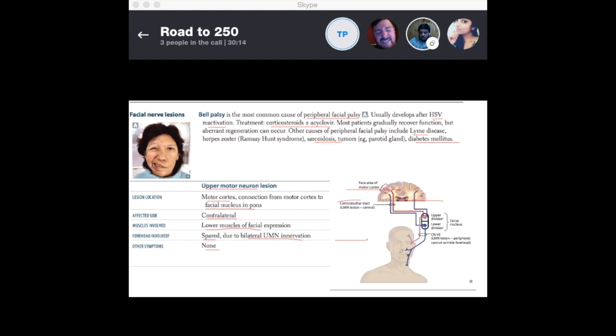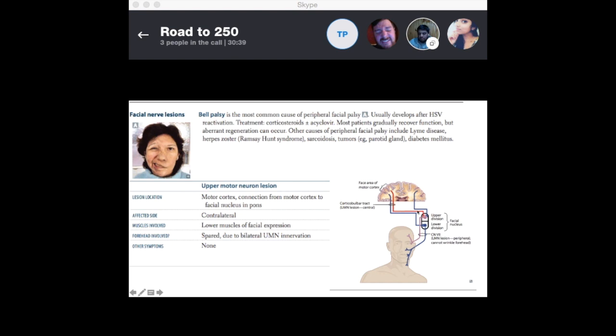So here's a picture, and I don't know how to clear these lines, so let me just go back. Here you have the base area of the motor cortex as it's controlled here. So with your corticobulbar tract you can have an effect here, but the neurons have bilateral innervation.